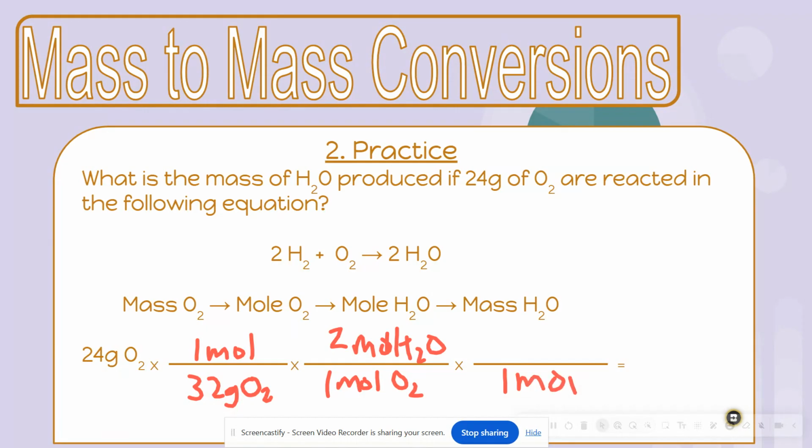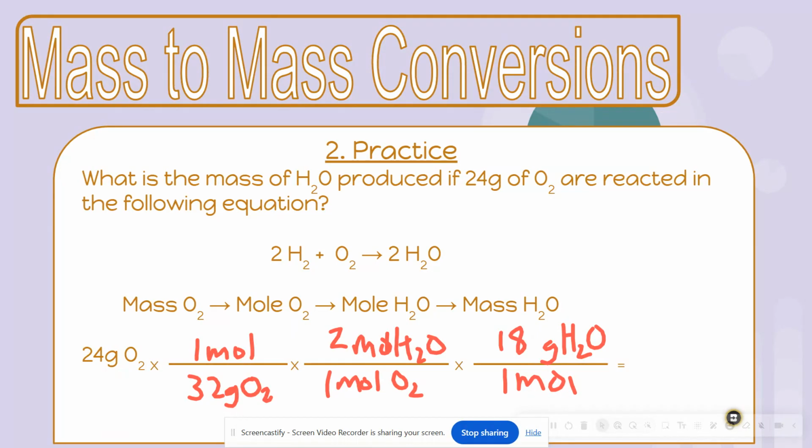Then we put our mass of H2O on top, which is, I believe, 18.02 or something like that. I'm just going to put 18 grams of H2O. Now I'm going to multiply straight across.